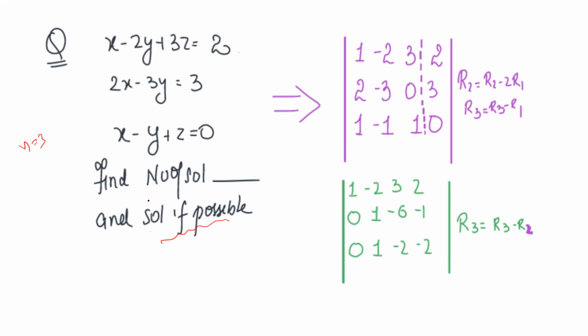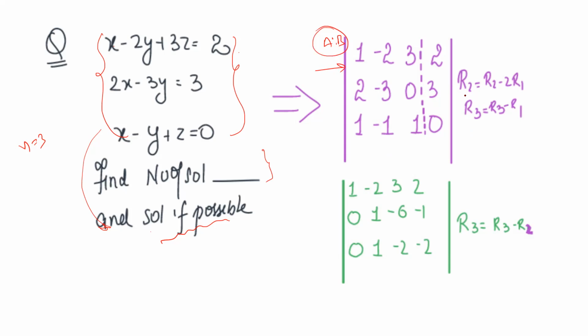Number of solutions means how many solutions we will get from this equation, and if this equation has any solution, we have to find the solution also. In matrix form, this is our augmented matrix, [A | B].